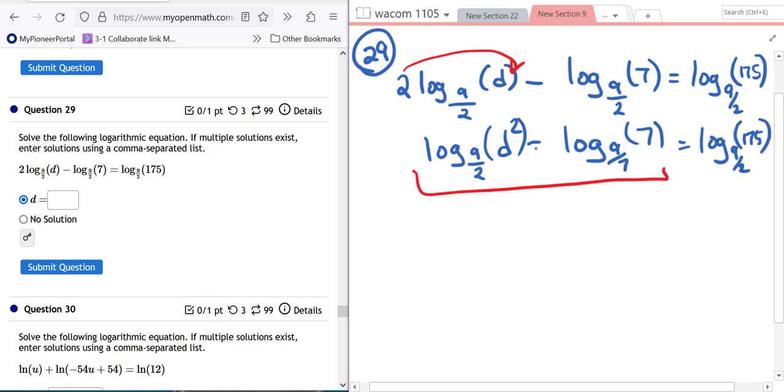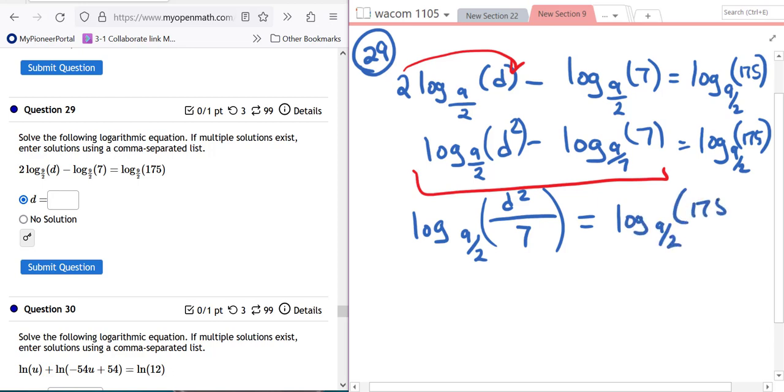So it is a difference, so it's going to be a quotient. Right, now you have one log on each side. You can drop the logs and set the arguments equal to each other.